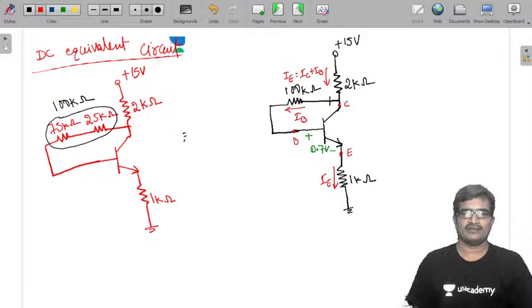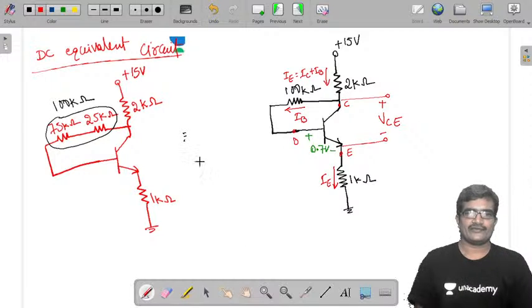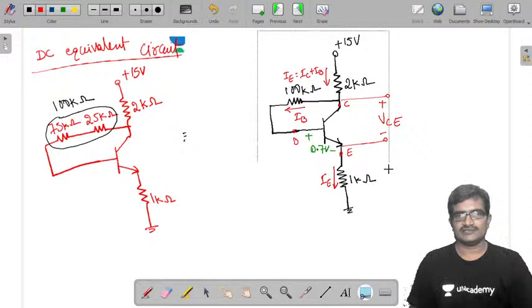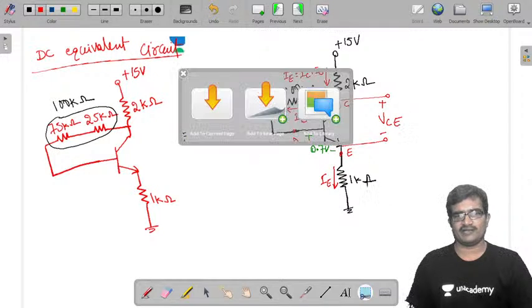And this is VCE, the voltage between collector and emitter. So now we need to calculate the operating point of this circuit, just by applying the regular procedure, KVL to input and output loops.